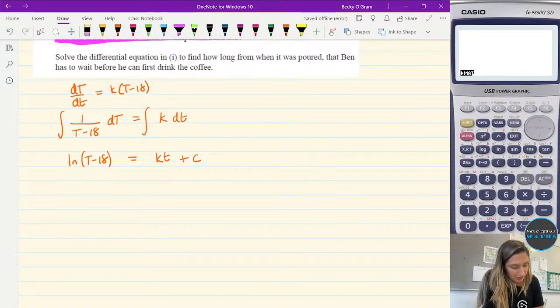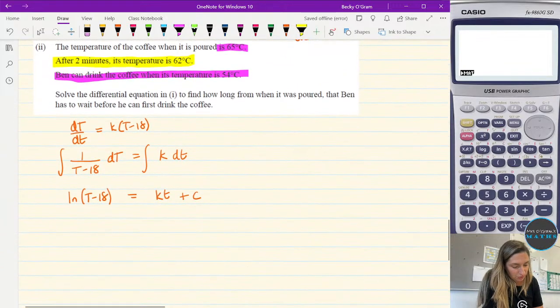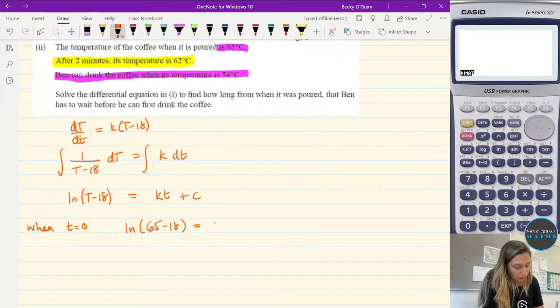So back to the information in the question. When it was poured, it was 65 degrees. So when t equals 0, we have natural log of 65 minus 18 is equal to k times 0 plus c. So c equals log of 65 minus 18, which is 47.